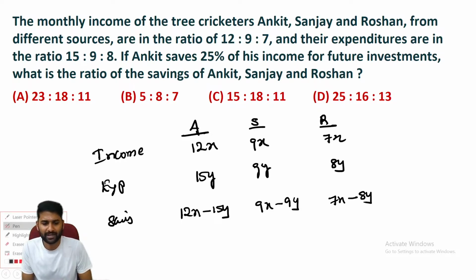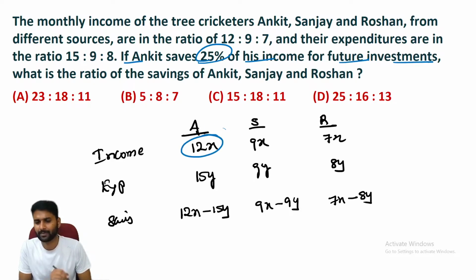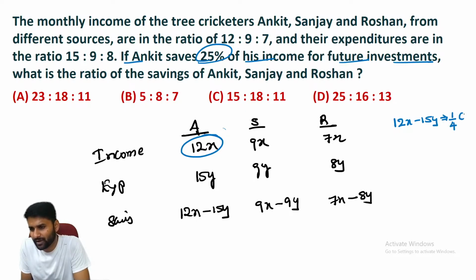Now, how are we going to identify the x and y values? See, we have the information: Ankit saves 25% of his income. What does Ankit save? 12x minus 15y. Ankit saves 25%, which means one fourth of income, exactly equal to 3x.